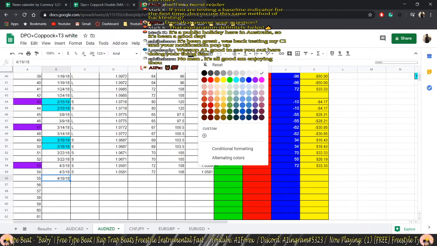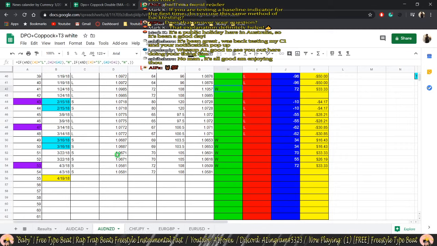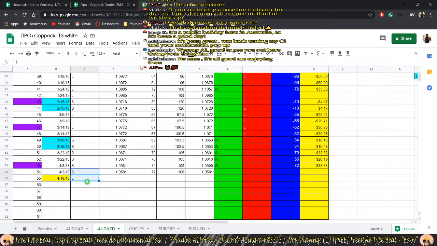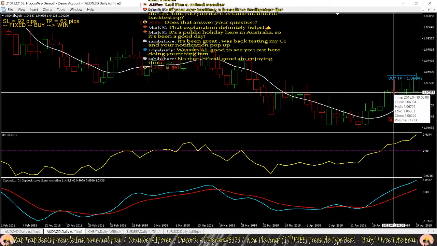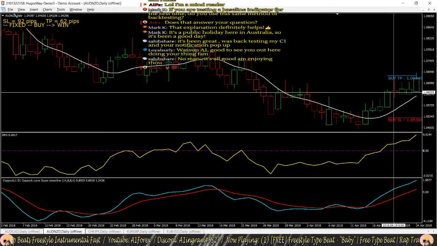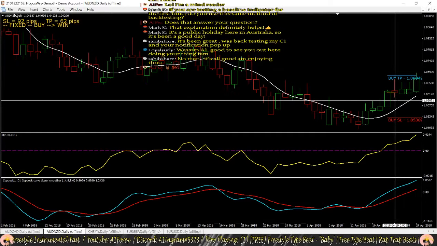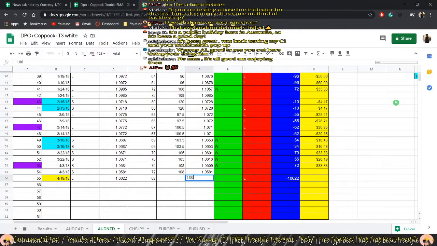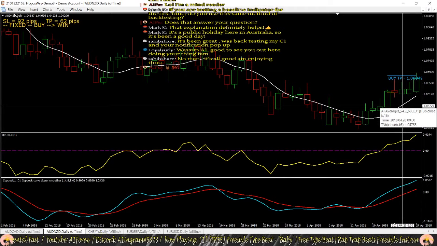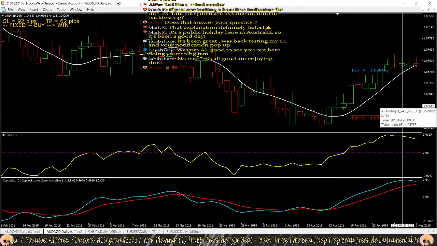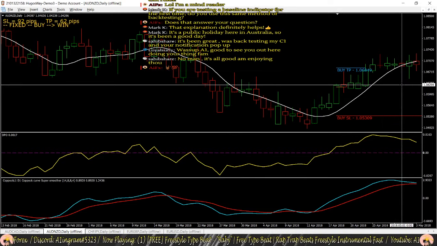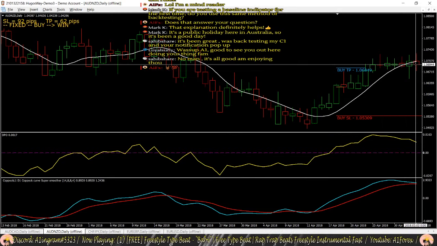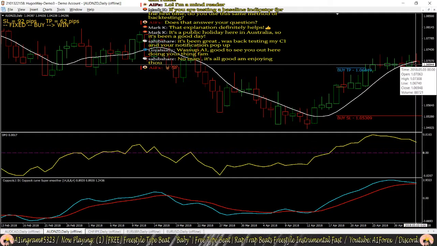Let me go ahead and highlight that yellow. 1.0684. And we will exit on that candle. 1.0694.